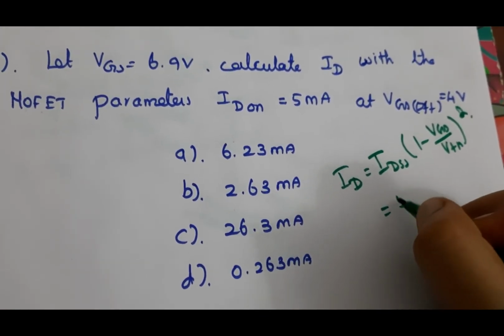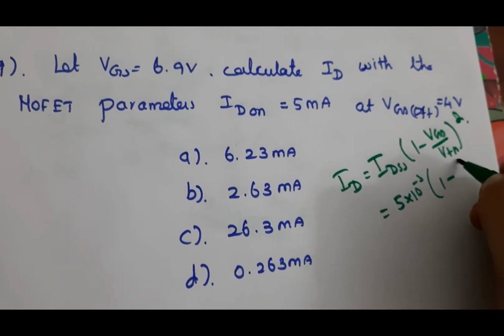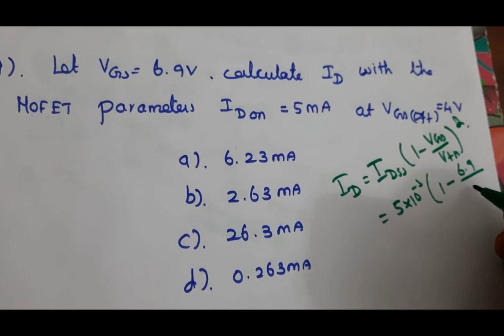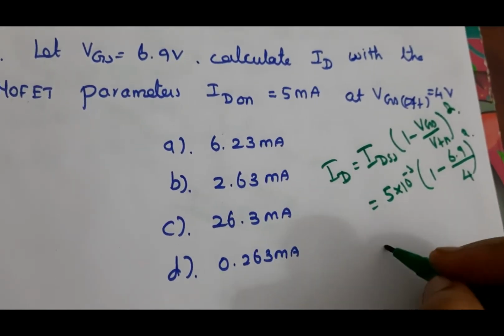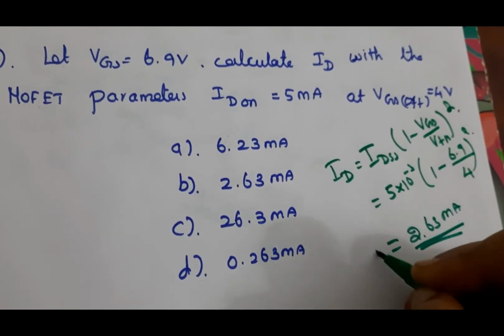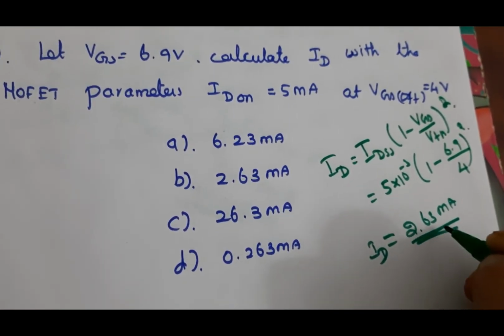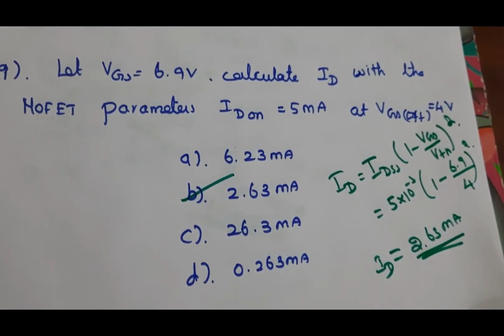Here IDSS is equal to 5 into 10 to the power minus 3 amps, and VGS is 6.9 and VTH is equal to 4. So solving this we will get 2.63 milliamps. So the ID current is equal to 2.63 milliamps. So here the answer is B, 2.63 milliamps.